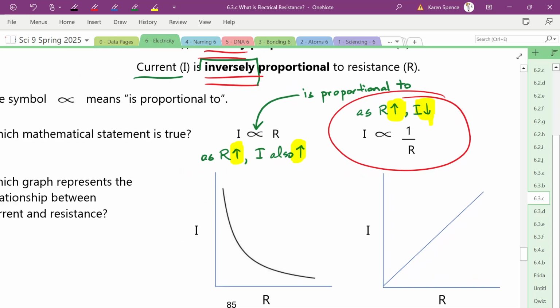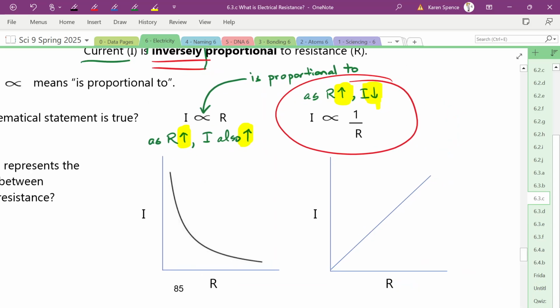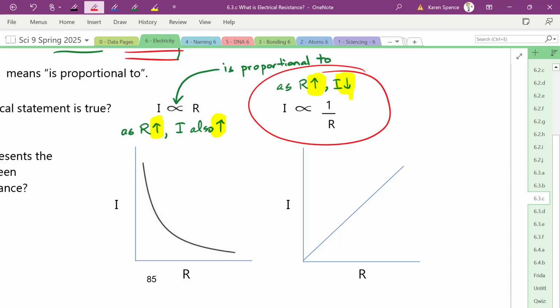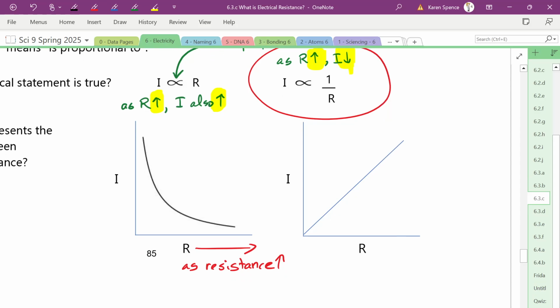Which graph represents the relationship between current and resistance? Remember, you read the graph this way. As resistance increases, what is happening in this graph to the current? The current is decreasing.